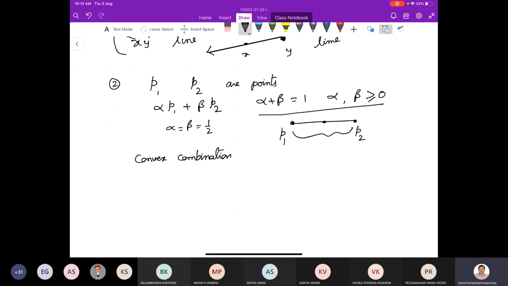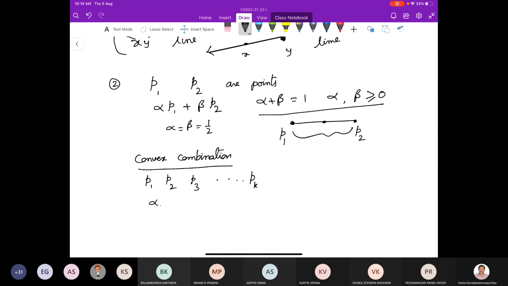Of course, this itself is a convex combination, and this can be extended in general to any set of points. Suppose you have P1, P2, P3, and so on, suppose you have K points.